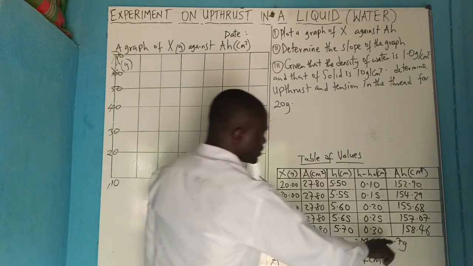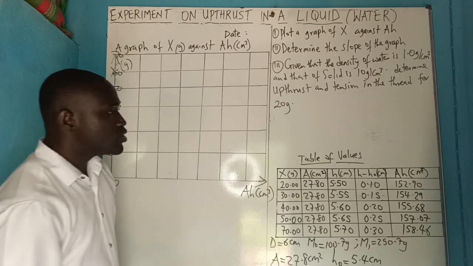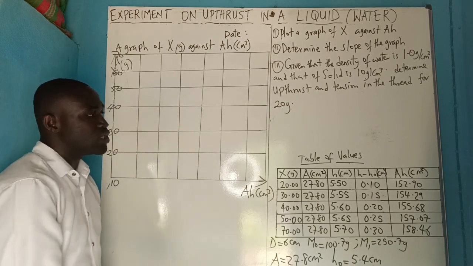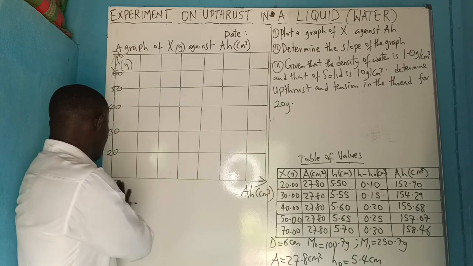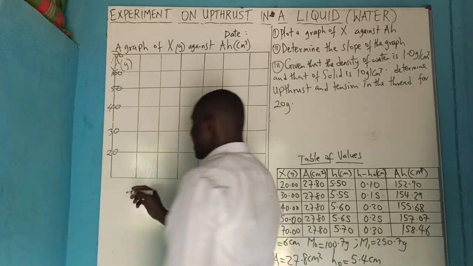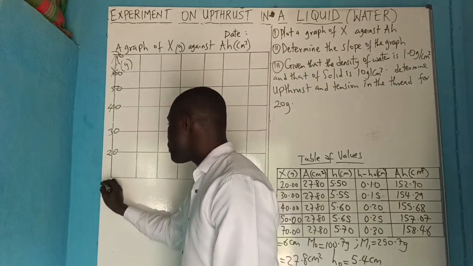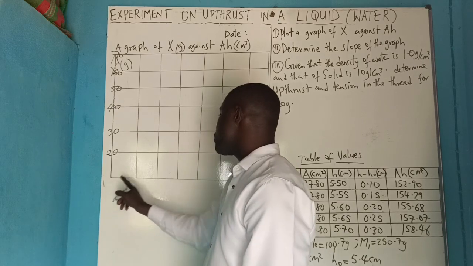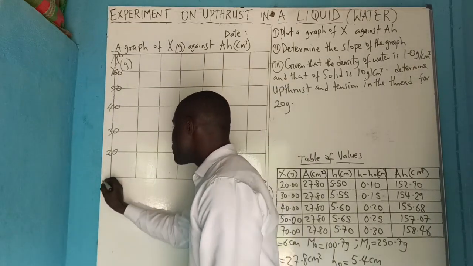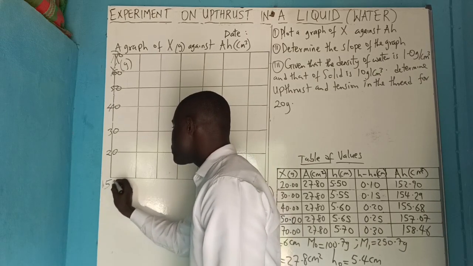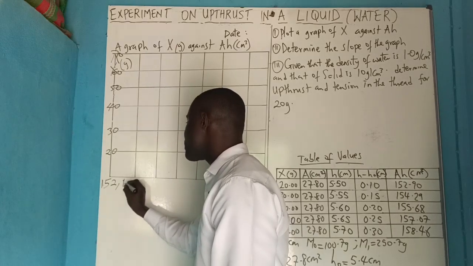Now for the horizontal axis, the values start from 152.9 to 158. So if we start from 0,0, it will not go well for that horizontal. So let our horizontal be 152, 153, 154, 155. Okay, let our horizontal be 150 with a scale of 2, and let our vertical be 10.